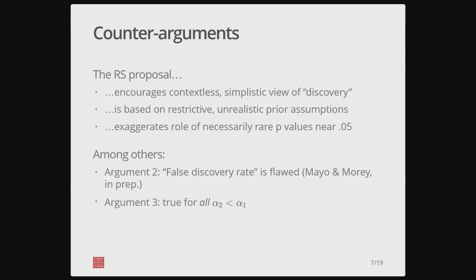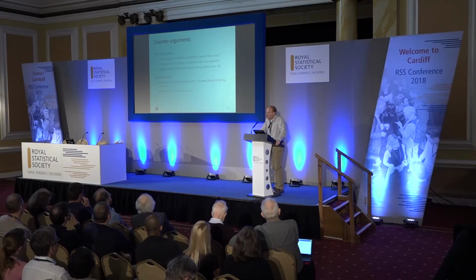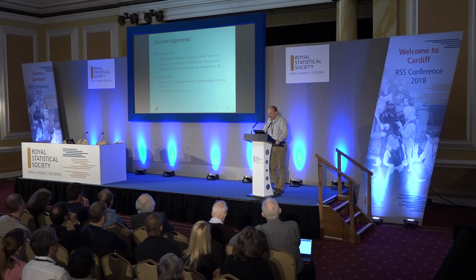This is really problematic. It's also based, as I'll show, on restrictive, unrealistic prior assumptions. So my counter-argument is going to be completely Bayesian. And it exaggerates the role of rare p-values near 0.05. I'll show you what I mean by that.